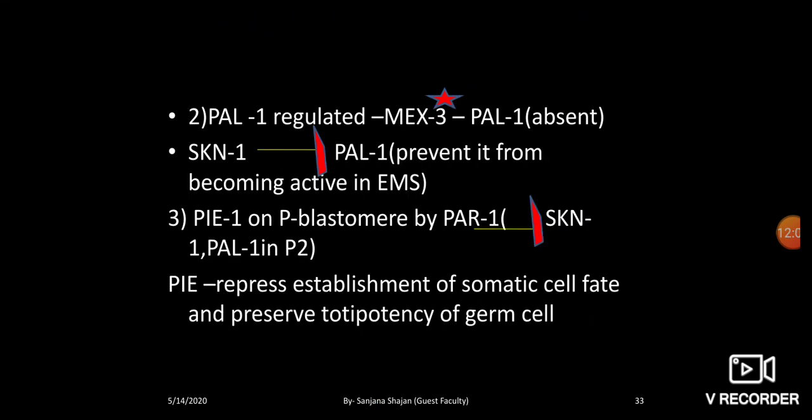And this PAL1 gene also regulates another transcriptional factor, that is MEX3. So MEX3 is regulated by PAL1. And what is this MEX3 protein? It is an RNA binding protein which inhibits the translation of the PAL1 mRNA.